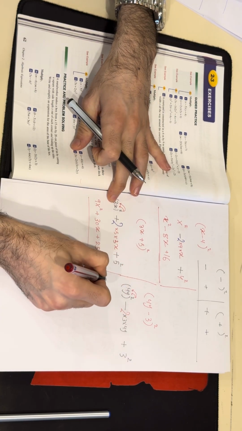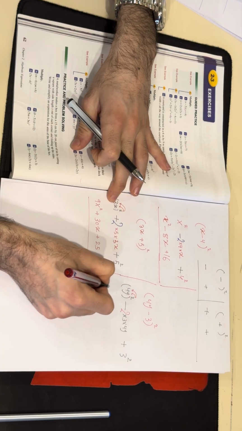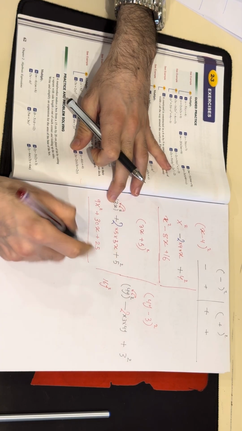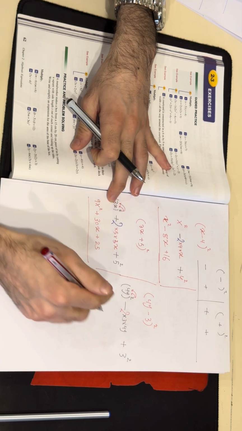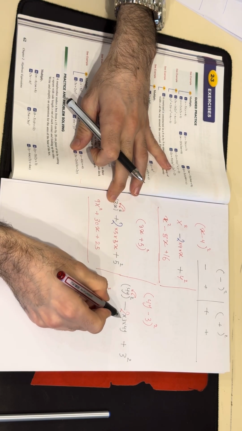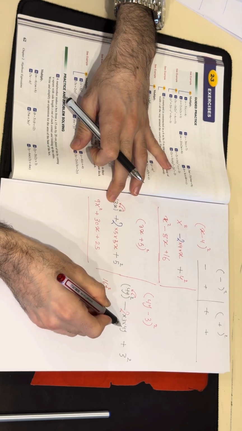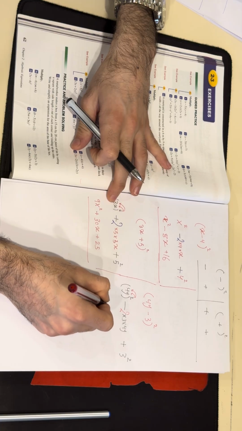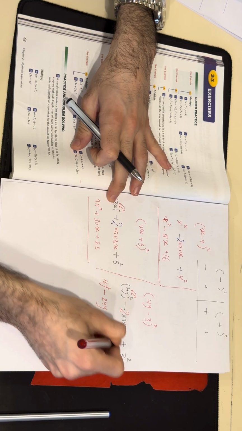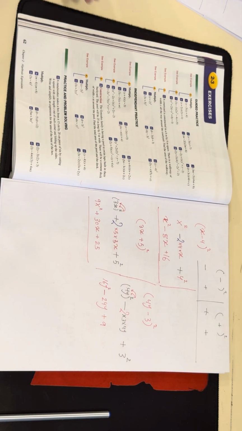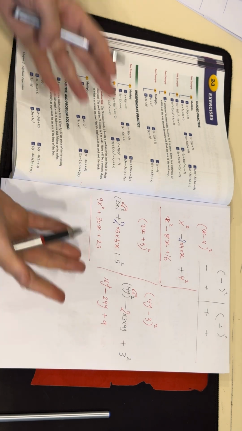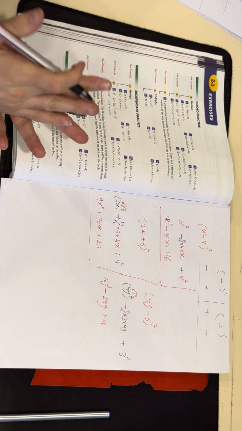For 4 power 2, it will be 16y power 2. This power 2 is only for the y. Then minus 2 times 3, 6. 6 times 4, 24y plus 9. That's how you're going to solve this kind of question, which you have in your book.